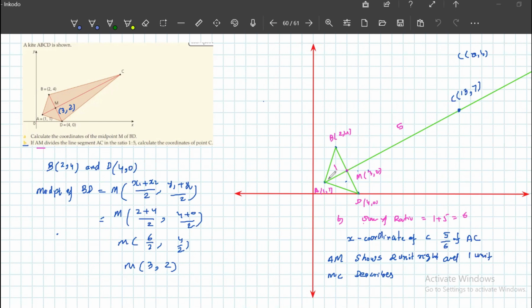So if this 1 ratio represents 2 units right, it means 5 ratio represents 10 units right, 10 units right and 5 units up. In this way, we will find the point C, and you can connect it as well with the help of a scale. And the required point C is 13, 7.